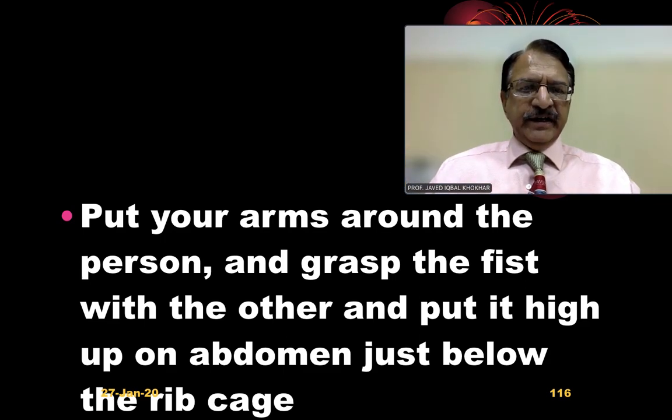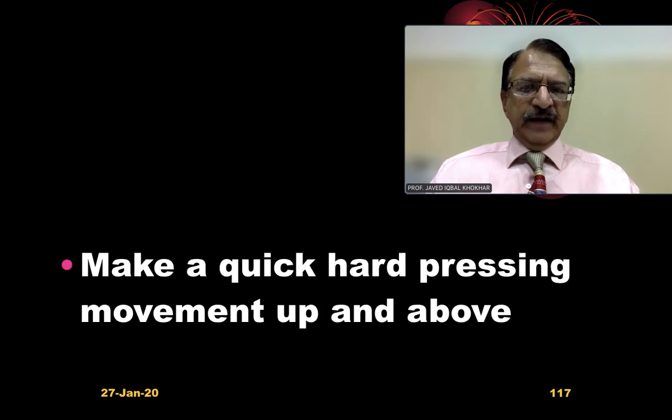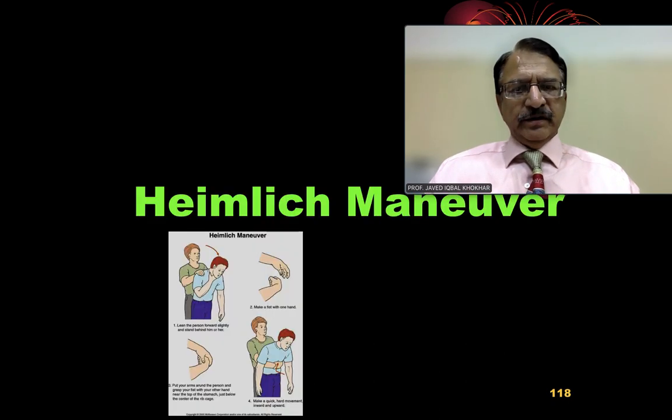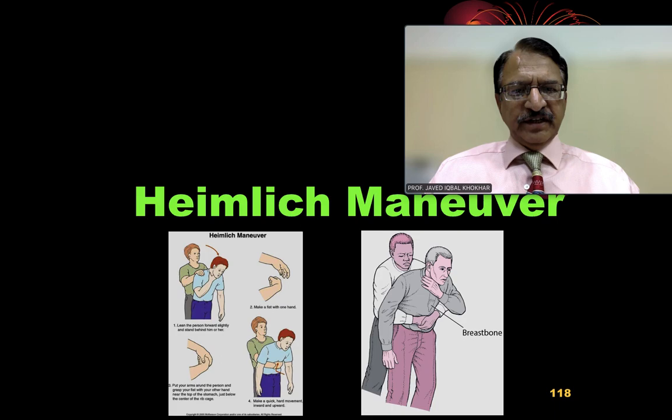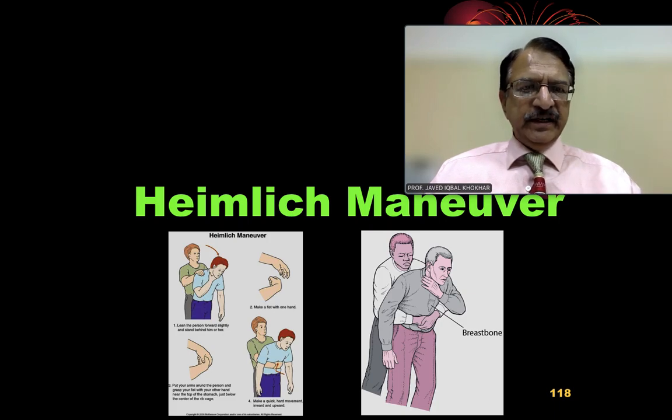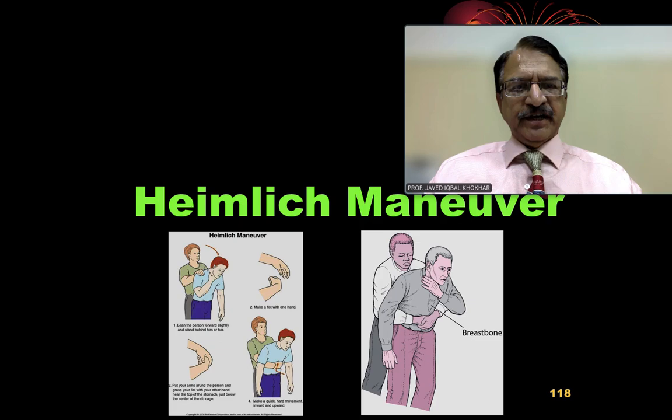Put it high up on the abdomen just below the rib cage, and make a quick, hard pressing movement up and above. So this is how it is achieved. This violent compression can expel the air, and with this the hard object will be expelled out.